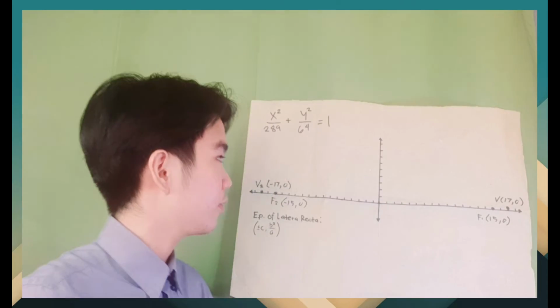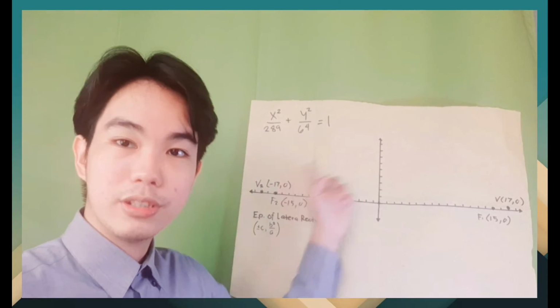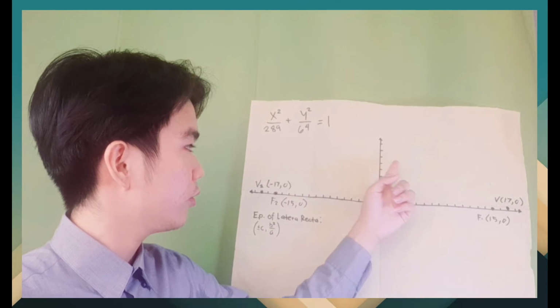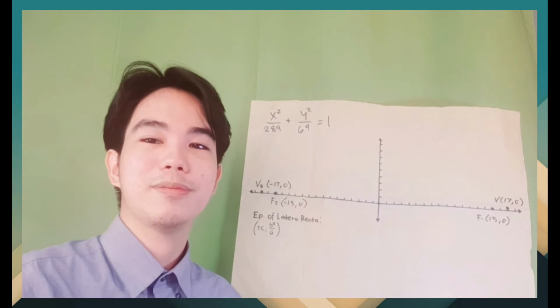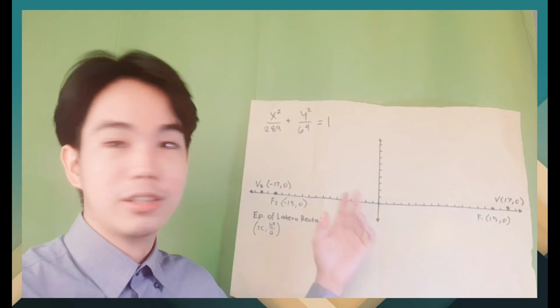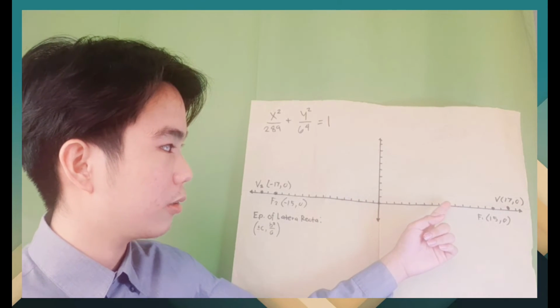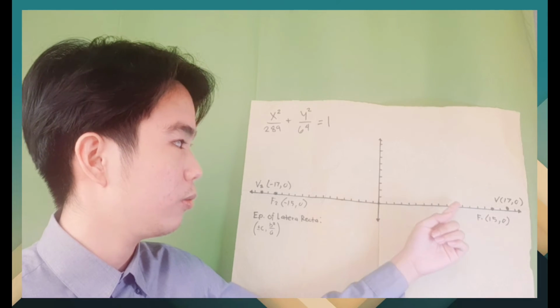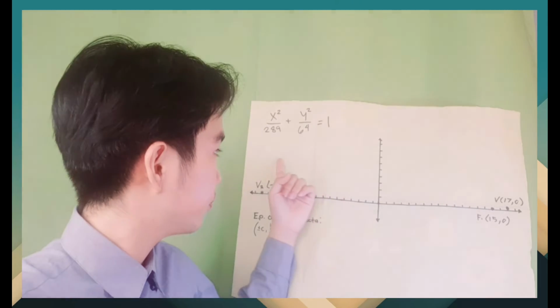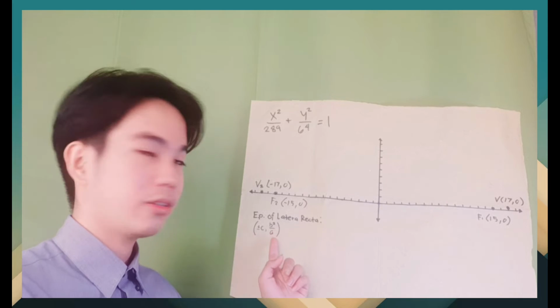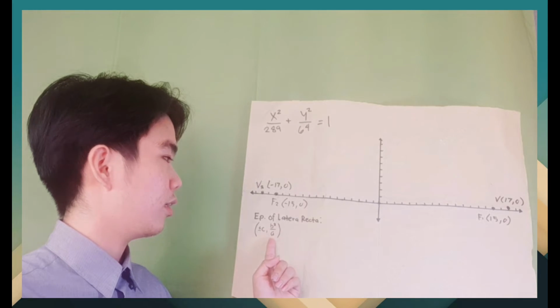Now, in order to graph the ceiling, we should find the latera recta. This is a semi-ellipse, so the latera recta that we should find are LR1 and LR4. This will serve as a guide in finding the latera recta.